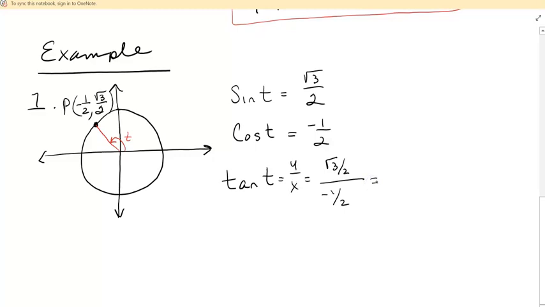And we can simplify that by multiplying by 2 over 2. It'll cancel the 2's in the two denominators, and we end up with square root of 3 over negative 1, or simply negative square root of 3.